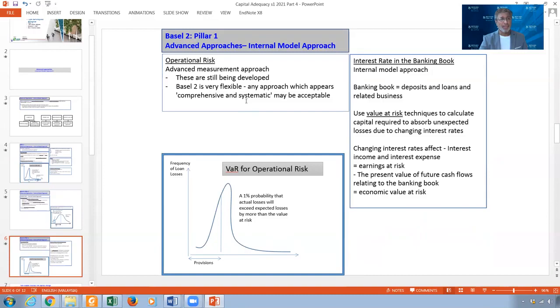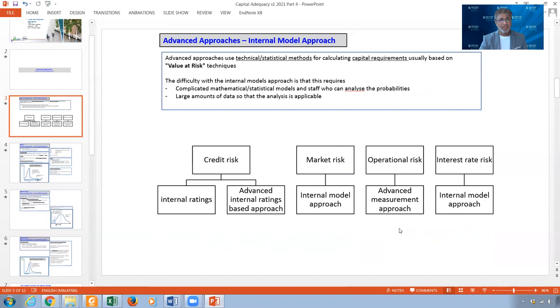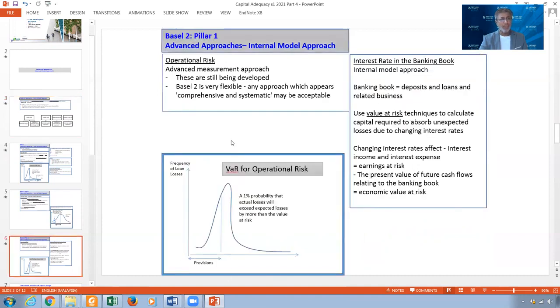You have to calculate the operational risk. As you can see, you can use the advanced measurement approach, which means you have to calculate the VAR. You have provisions for any losses, and then you have to calculate this area of the VAR.